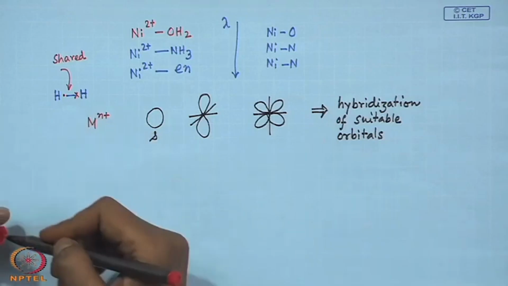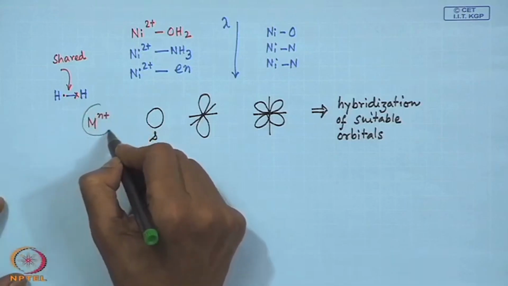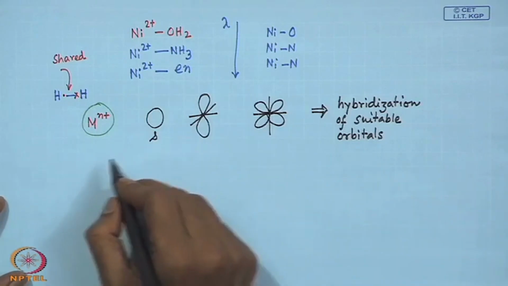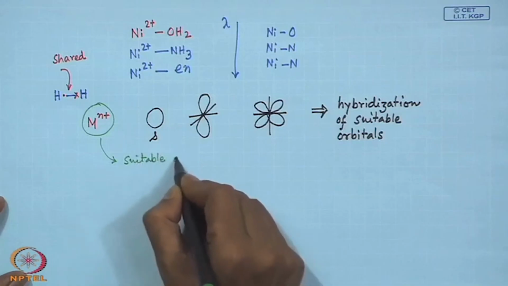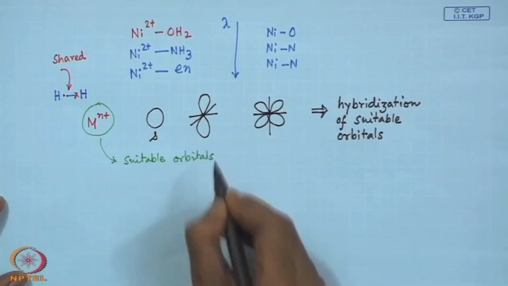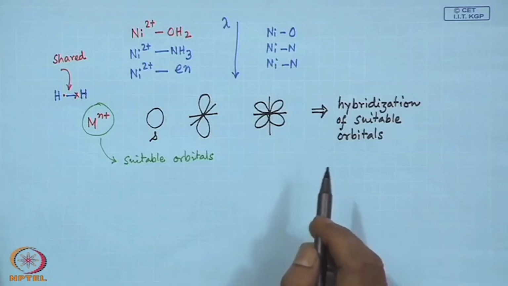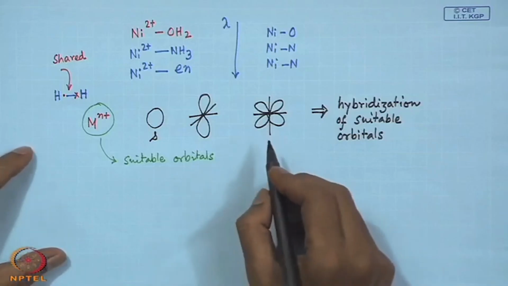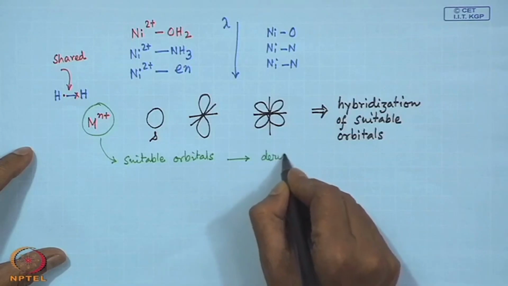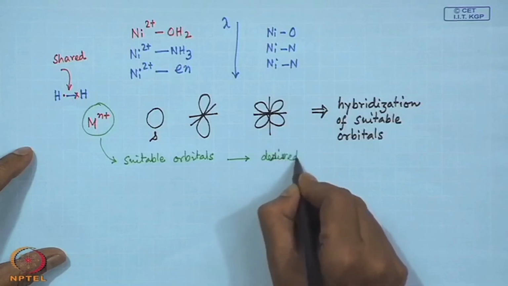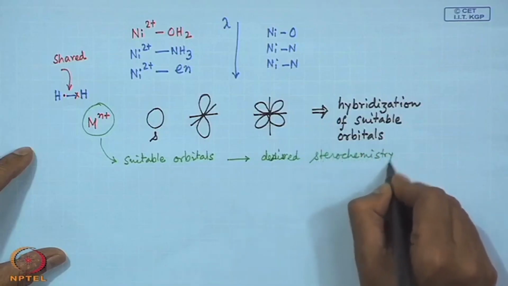If we have a metal ion, and that particular metal ion can have more than one type of orbitals, we take only the suitable orbitals of the metal ion to go for the hybridization, and this hybridization can give rise to the desired stereochemistry.